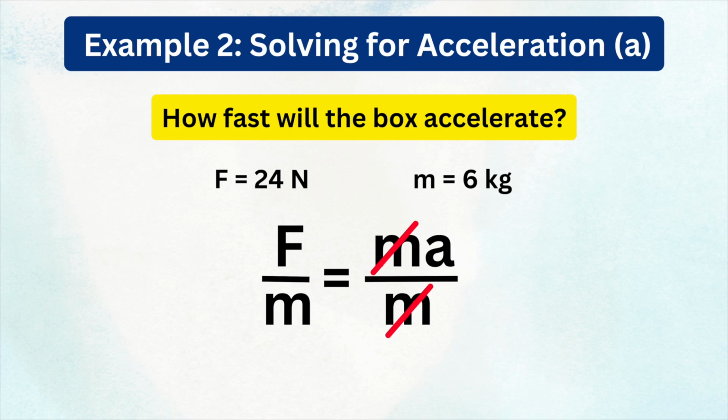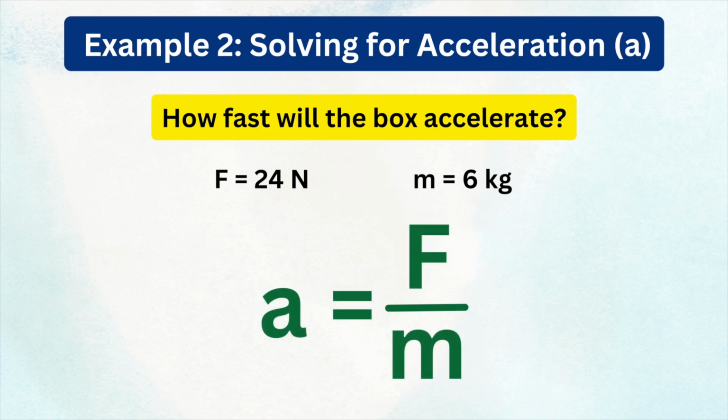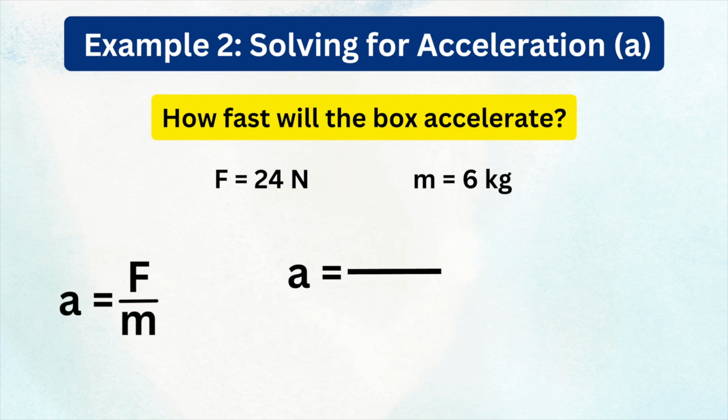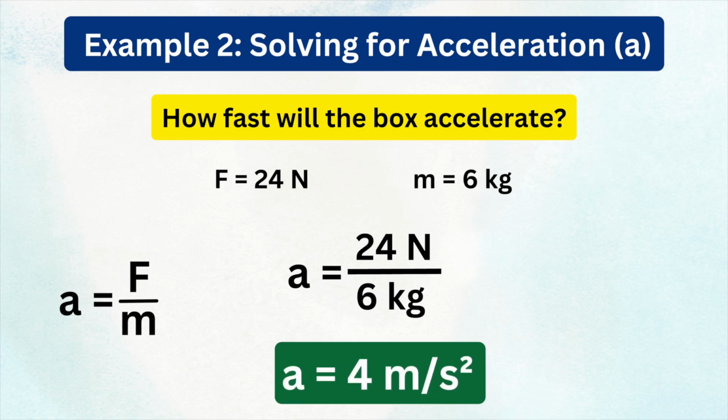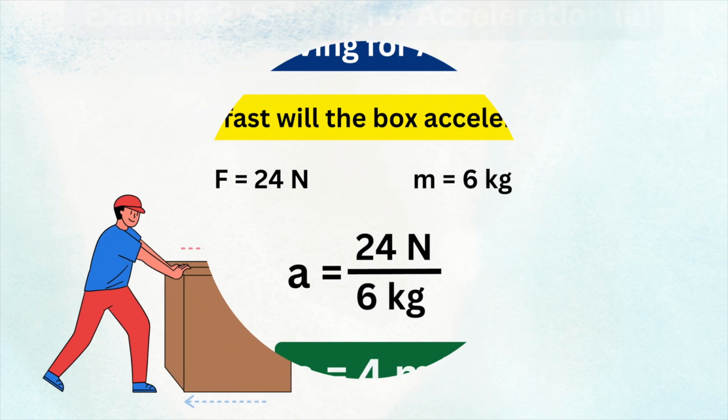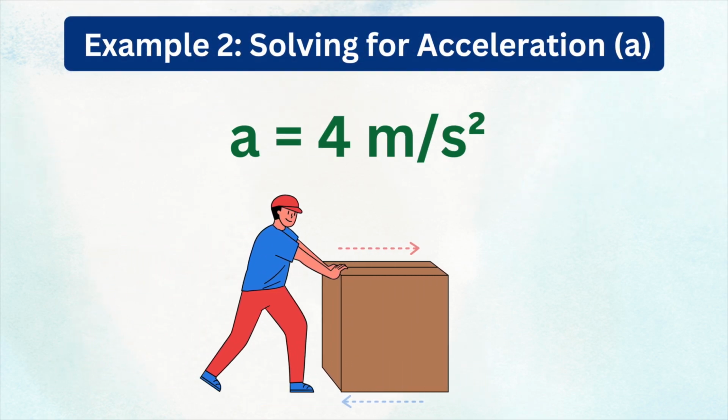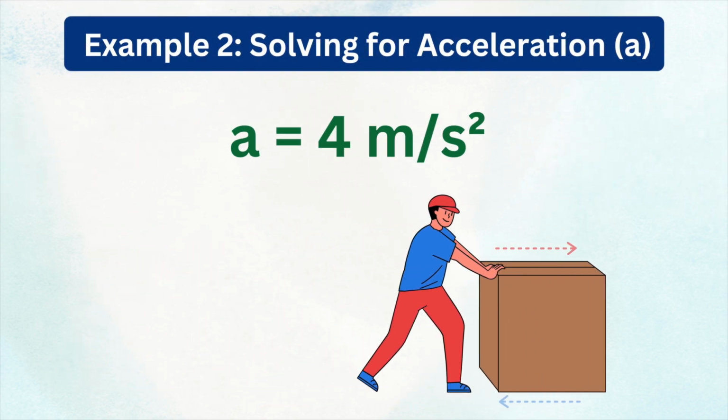So, the formula is a = F divided by m. Substituting the given values, 24 newtons divided by 6 kilograms. And yes, the answer is 4 meters per second squared. So, the box will accelerate at 4 meters per second squared.